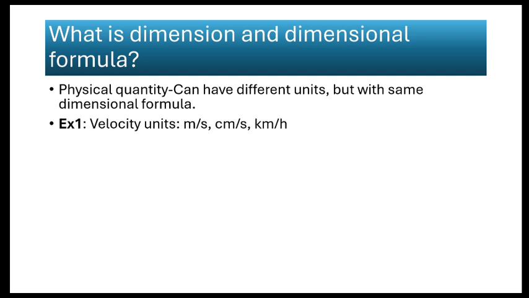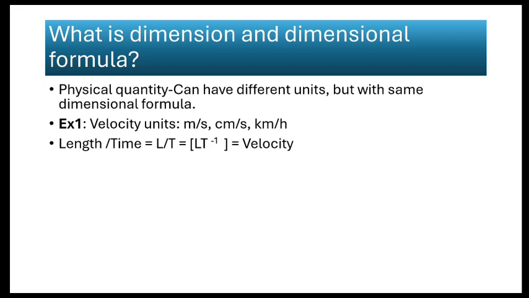We know velocity, its unit is meter per second, or we can write centimeter per second, or kilometer per hour also. These are all units of velocity, but it is in the form of length upon time, L by T. You can write that L by T in the form of [L T^-1] in closed square brackets.